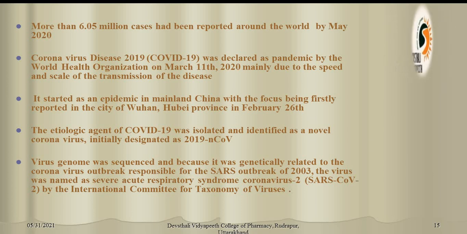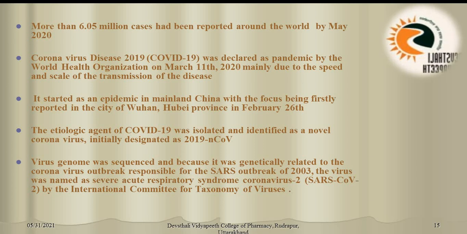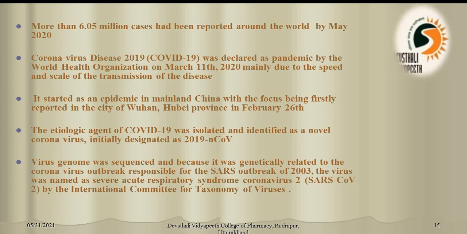After that, the viral genome was sequenced, and it was seen that the genomic sequences were similar between the SARS of 2003 and this coronavirus. Therefore, the name SARS-CoV-2 was given by the International Committee on Taxonomy of Viruses.